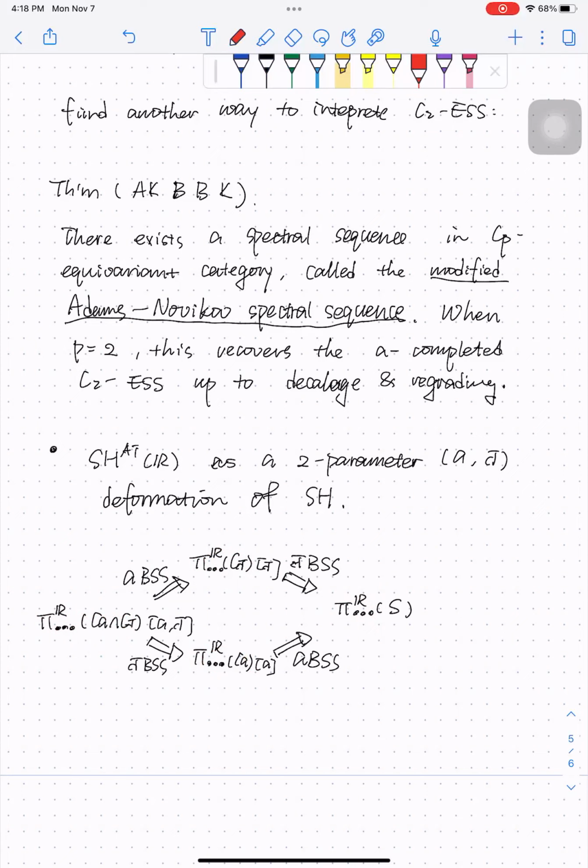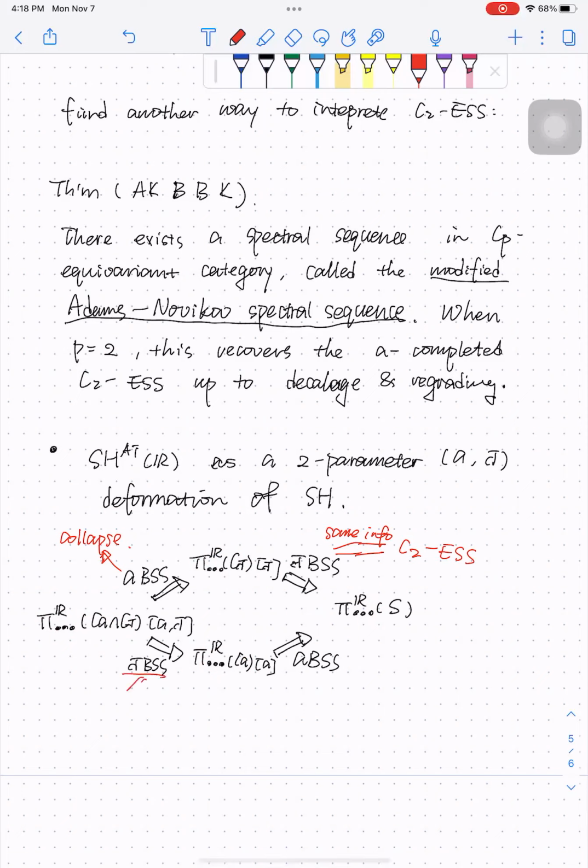And it turns out that you have familiar names for these four legs. So this one collapses. And this one is the same information, I think we sort of mentioned it, as the C2 effective spectral sequence.